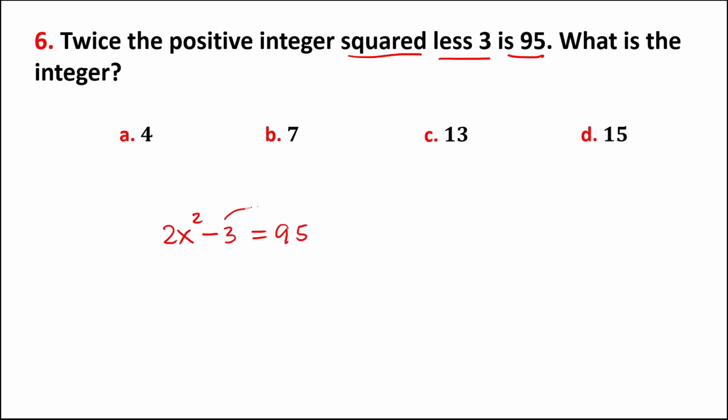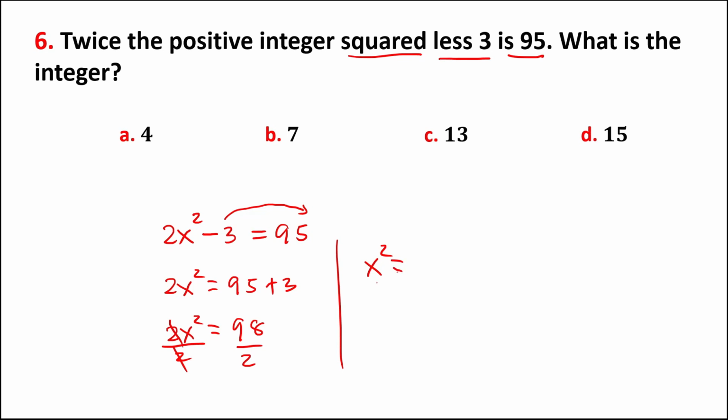Then to simplify, transpose this negative 3, so this is 2x squared equals 95 plus 3, then we have 2x squared equals 98, then divide by 2 both sides, so we have x squared equals 98 divided by 2, this is 49, and to solve for x, take the square root, so we have x equals the square root of 49, that's 7.